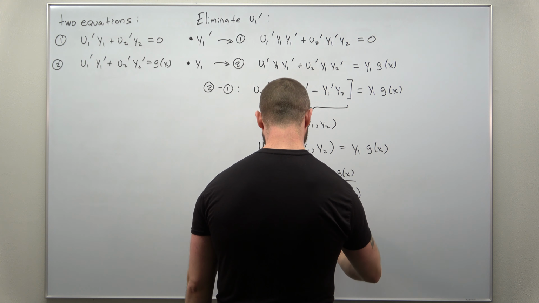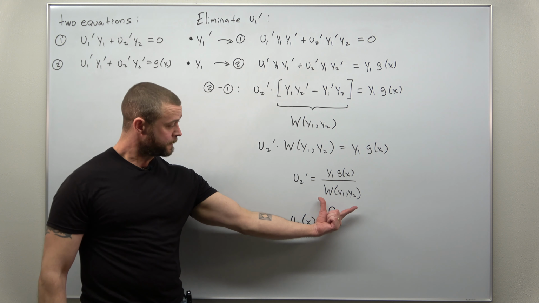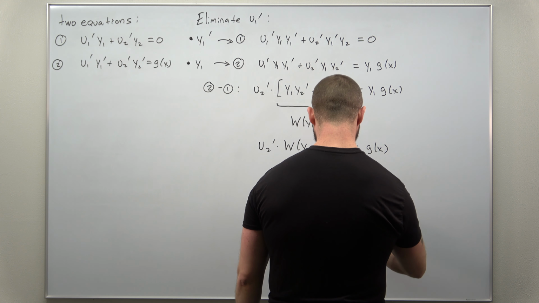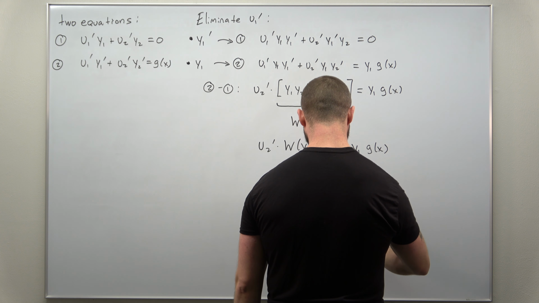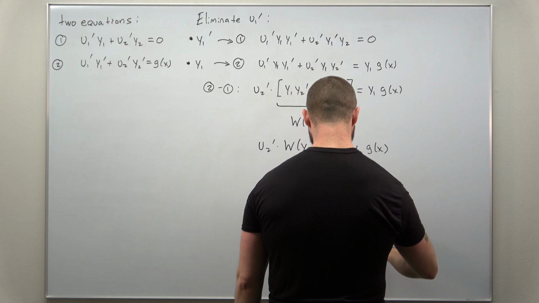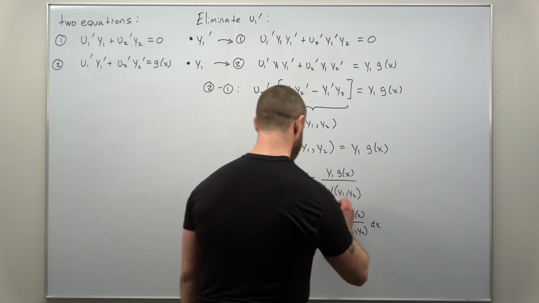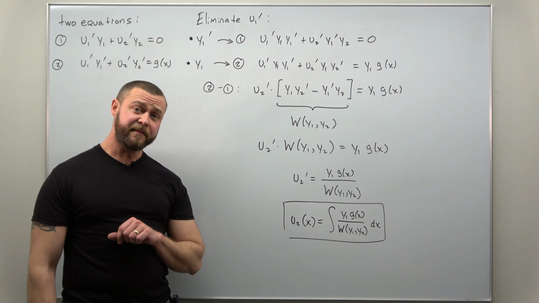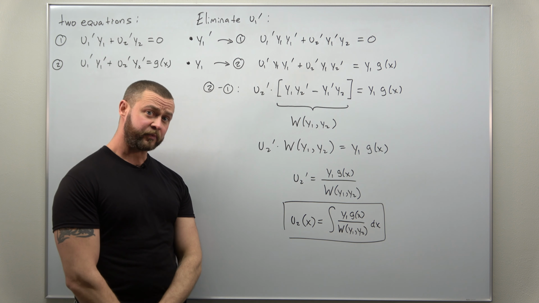And what we get, our formula for the function u2 of x, is the integral of that right-hand side, the integral of y1 times g of x divided by the Wronskian. And that is the integral formula that we stated at the beginning of the video. Now we can see exactly where that comes from.